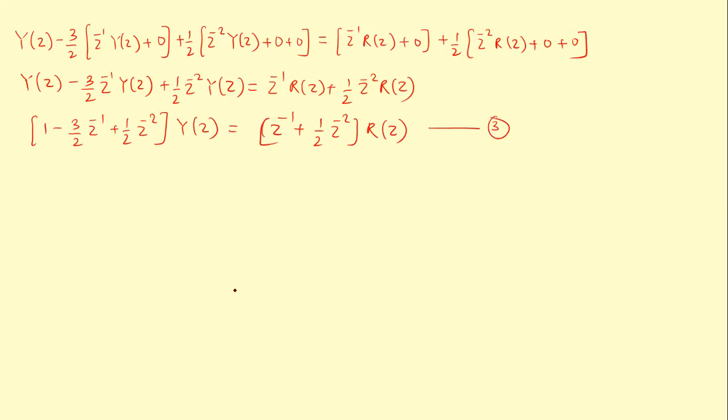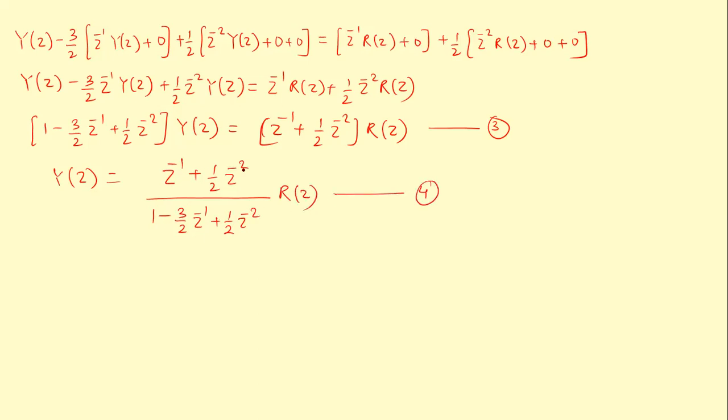Now we can further simplify this equation, right? So we will have yz is equal to z inverse plus 1 by 2 z inverse square divided by 1 minus 3 by 2 z inverse plus 1 by 2 z inverse square rz, right? So now this is, let us say, equation number 4.